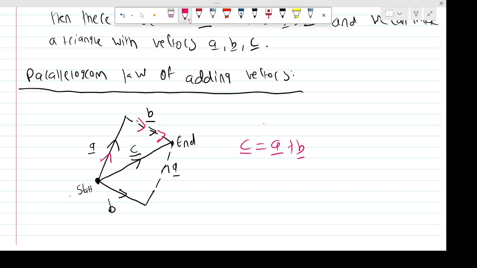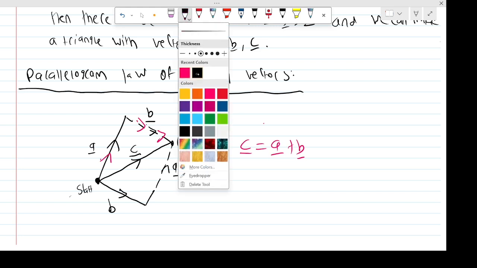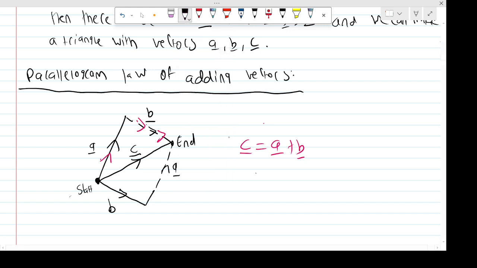Okay, and that's essentially it, right? So instead of just adding a vector A and then adding on the vector B to form a triangle of A and B, I can instead form a parallelogram by making them adjacent. So again, we had vector A there, and then a vector B there.